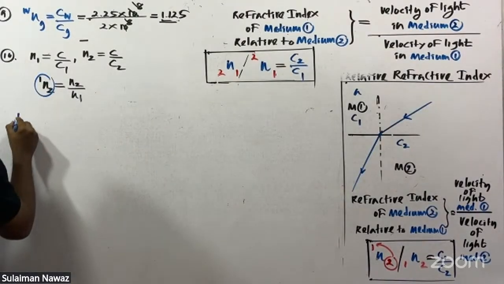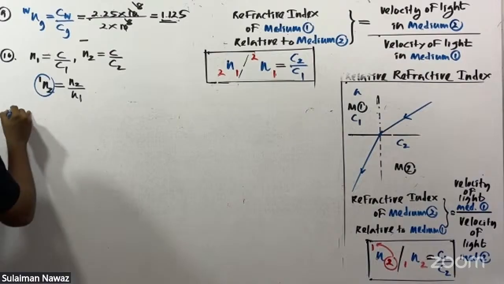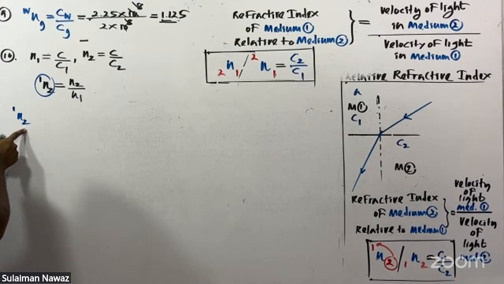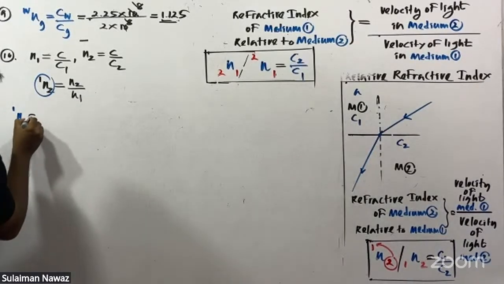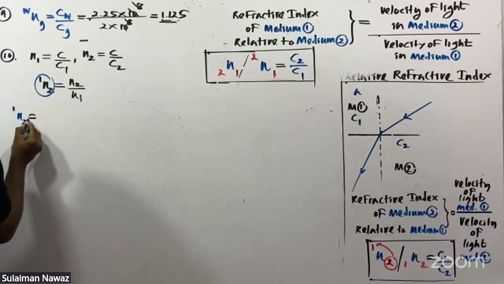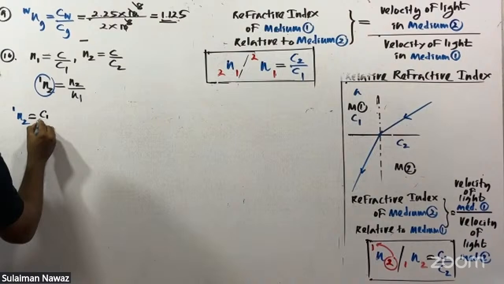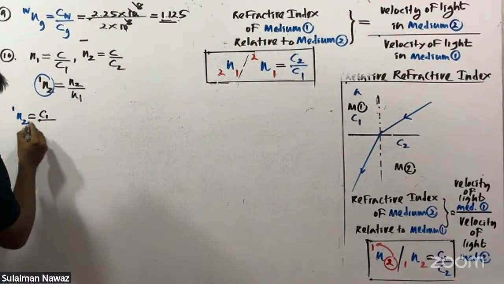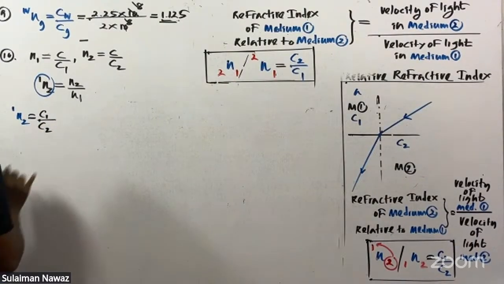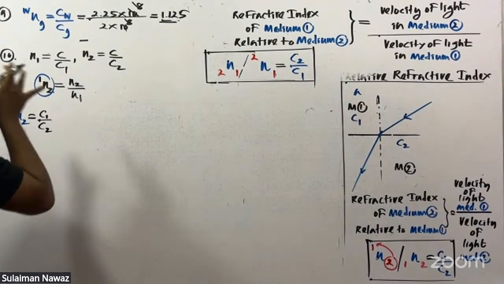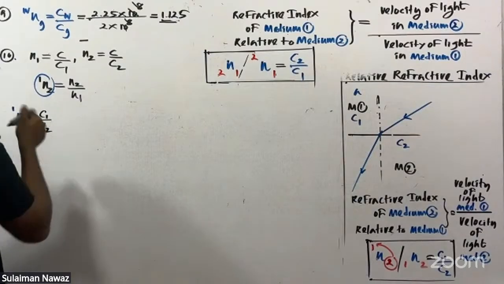The refractive index of medium 2 relative to medium 1 means speed of light in medium 1, C1, over speed of light in medium 2. This is the definition.